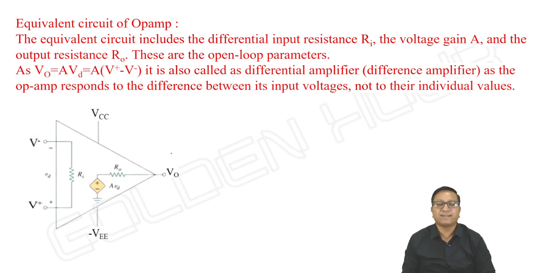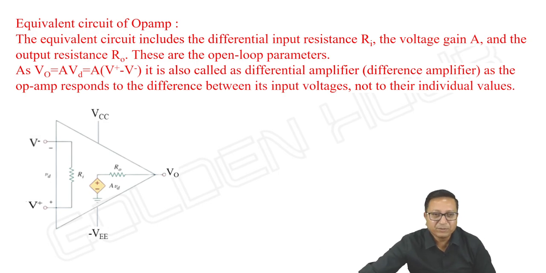Basically, it is a voltage amplifier, and hence the equivalent circuit of a voltage amplifier is considered for the op-amp as well. What is the equivalent circuit of the op-amp? Just the same as the equivalent circuit of a voltage amplifier.